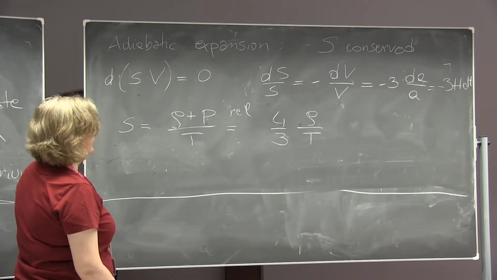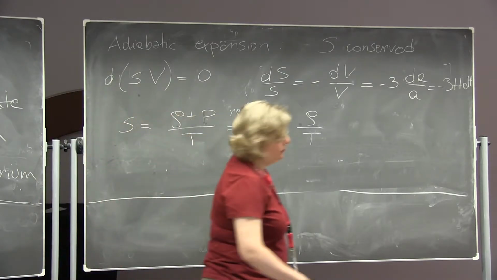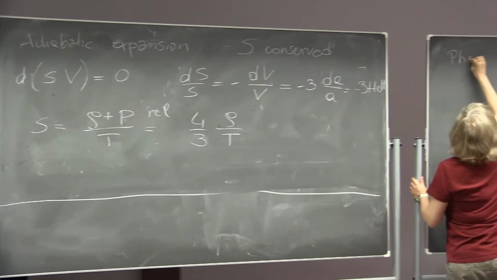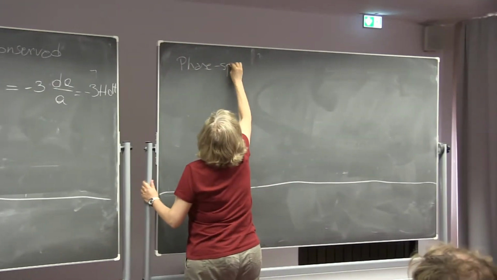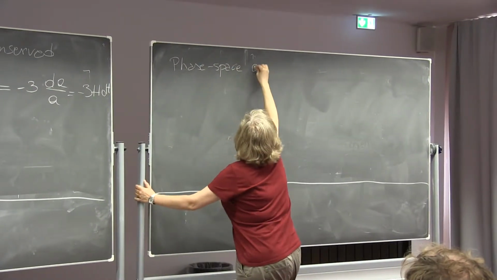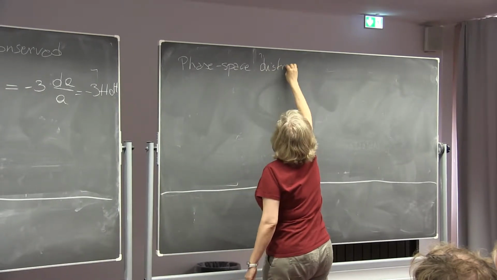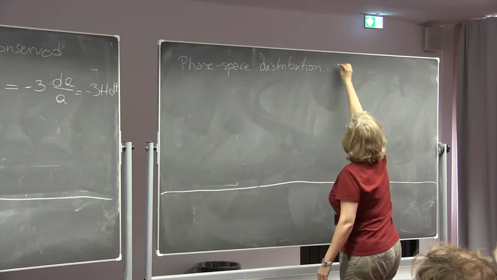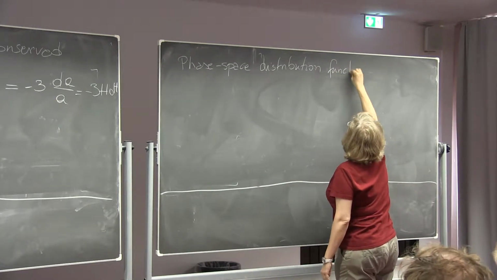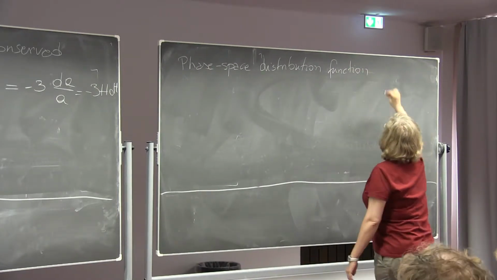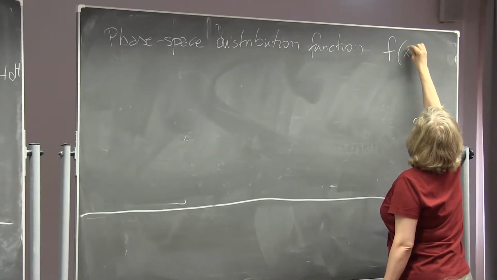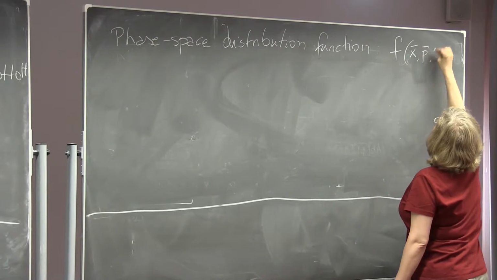So the basic idea and the basic quantity we will use is the phase space distribution function, which is for me a small f depending on x, p, and time.